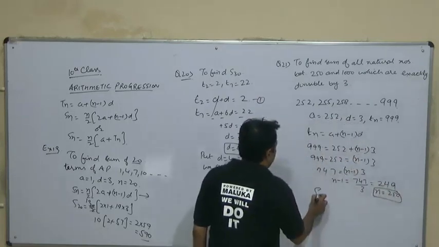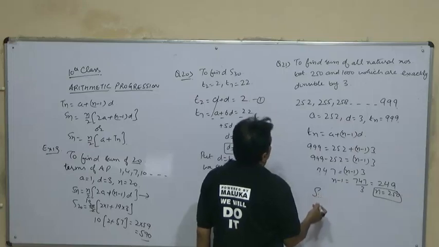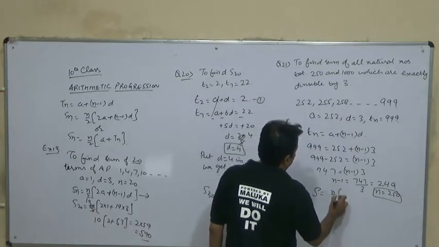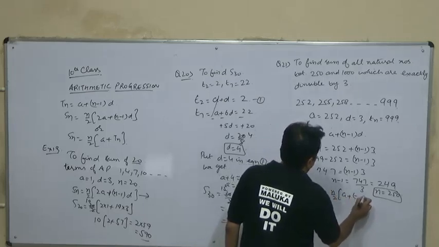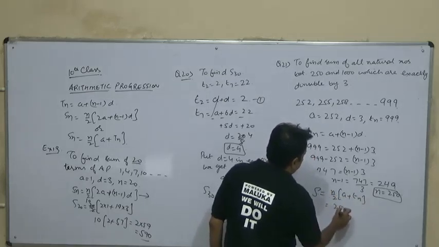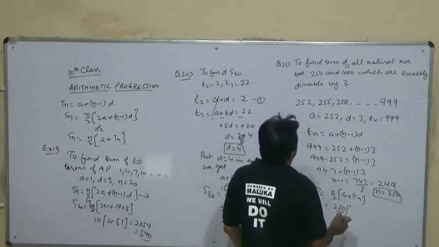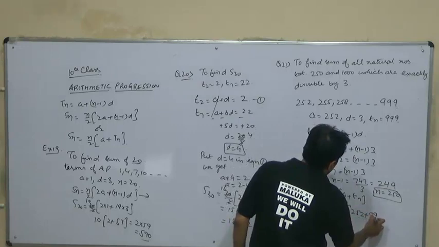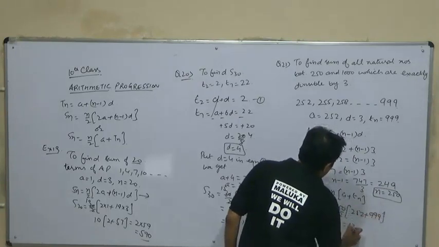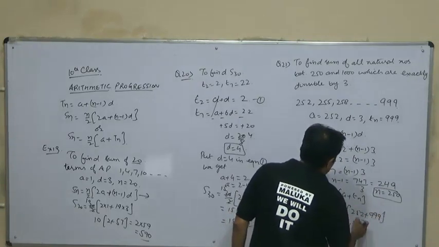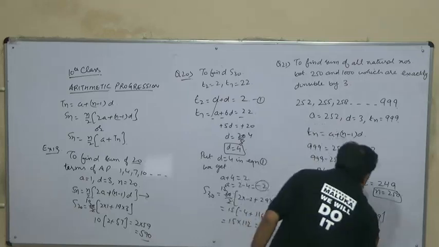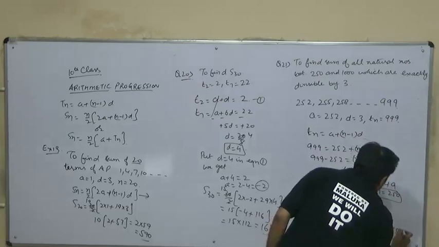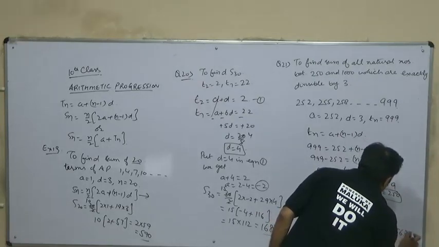Now we can find the required sum. Sum will be equal to n by 2 into a plus Tn. So n by 2 is 250 by 2, a is here 252, last term is 999, which is 125 into 1251, which is 156,375.